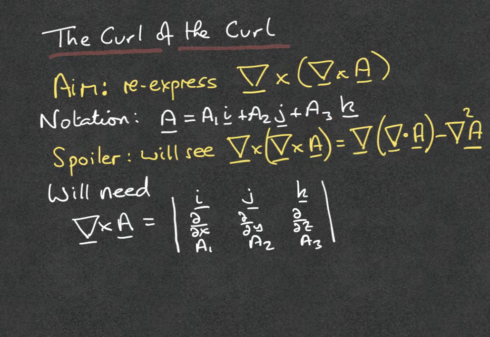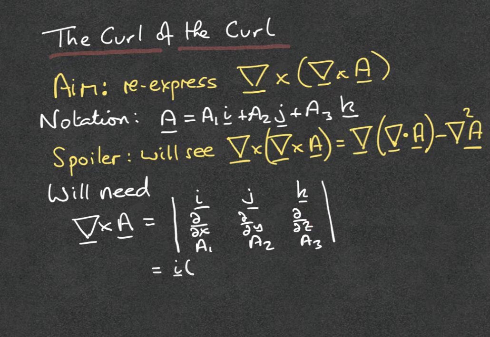So to calculate this, we're going to need, of course, to know our formula for the curl, and I've written this formula out here. So we can obtain it just by expanding across the top row, and what we are going to get if we do that is, in the I direction, we forget this row and this column, and we differentiate A3 with respect to y, and then we subtract, and now we differentiate A2 with respect to z.